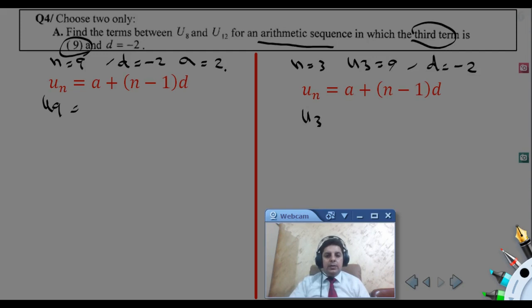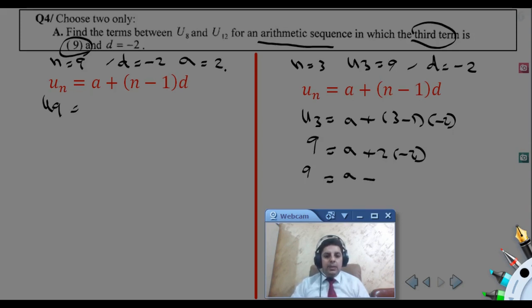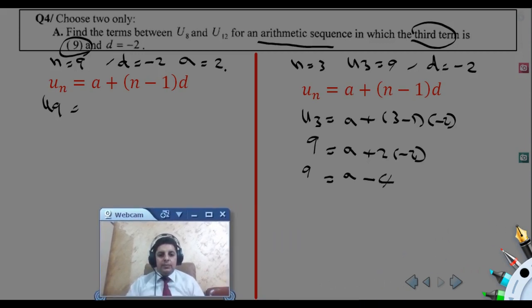U3 equals a plus 3 minus 1 times d, d is -2. U3 is 9, that is 9 equals a plus 2 times -2, which is 4.